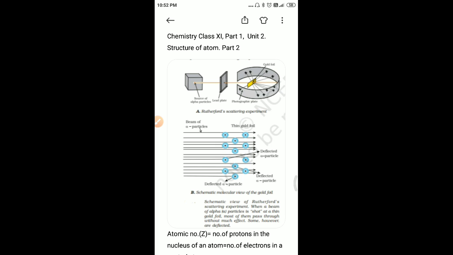In the previous class we studied Dalton's atomic theory. As per Dalton's atomic theory, the atom is indivisible. It cannot be divided and also cannot be measured, but it is composed of subatomic particles carrying positive and negative charges.